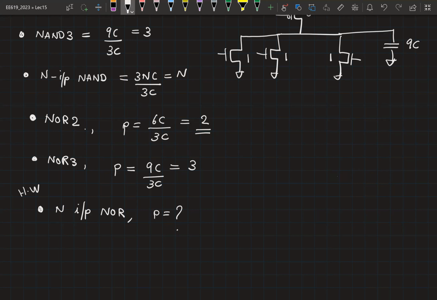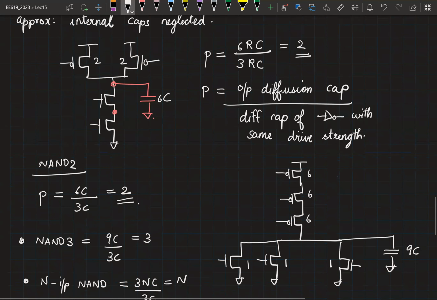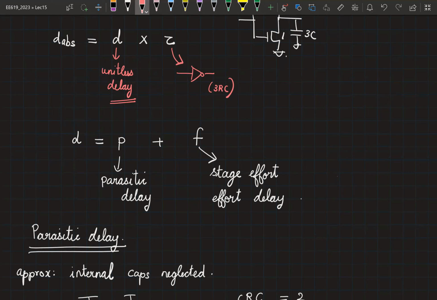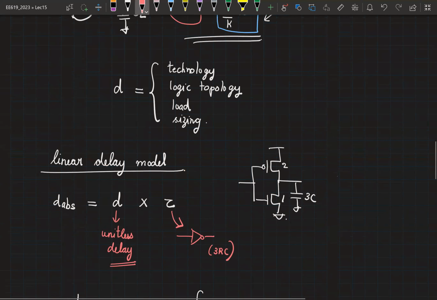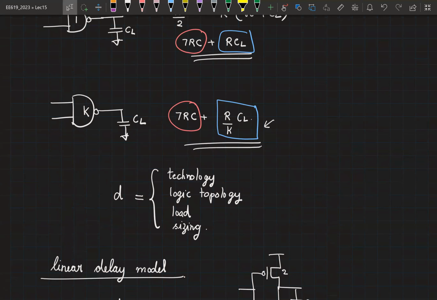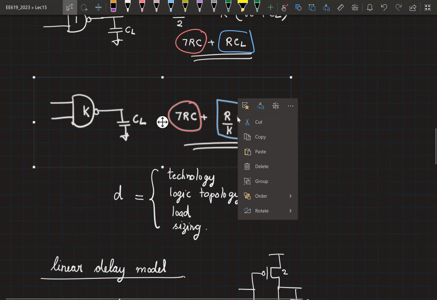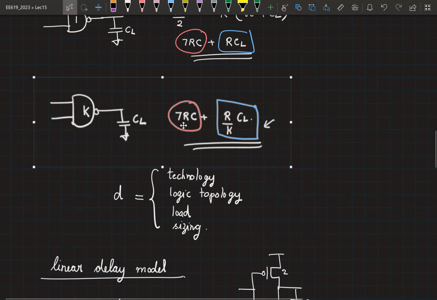So now we can focus on the second part, which is the stage effort or the effort delay. So we are going to use this case as a reference and we will derive based on this particular equation.